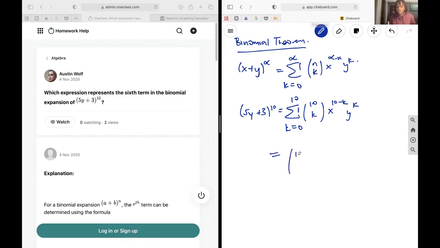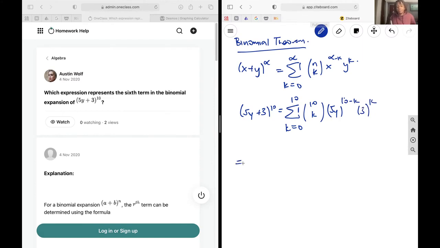Okay, so I start summing at k equals 0. So my first one is going to be 10 choose 0, x to the power of 10 minus 0, which is 10. Sorry, I need to change these two. My x becomes 5y all to the power of 10 minus k, and my y becomes 3 to the power of k.